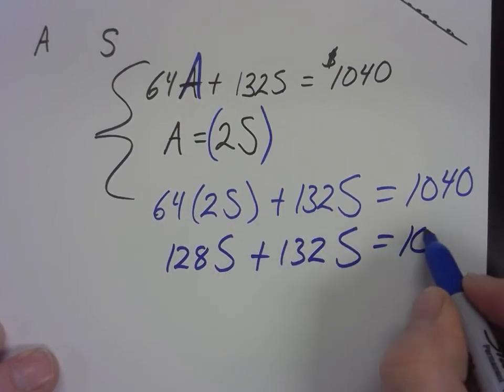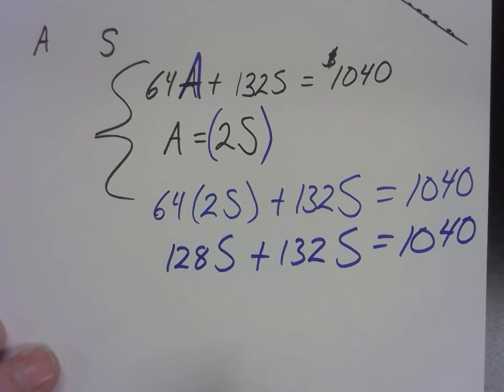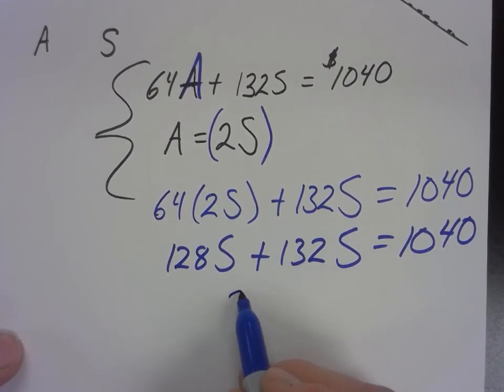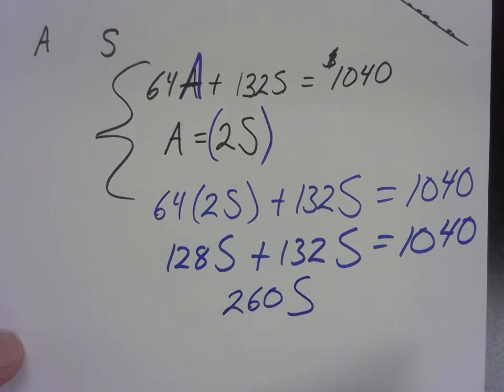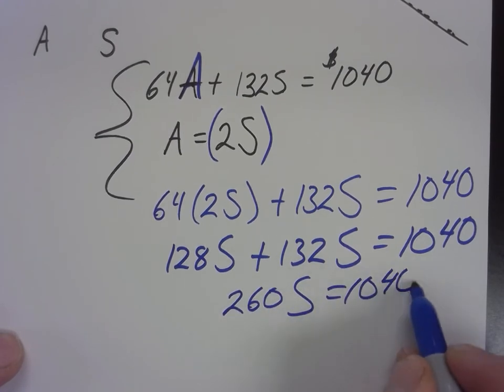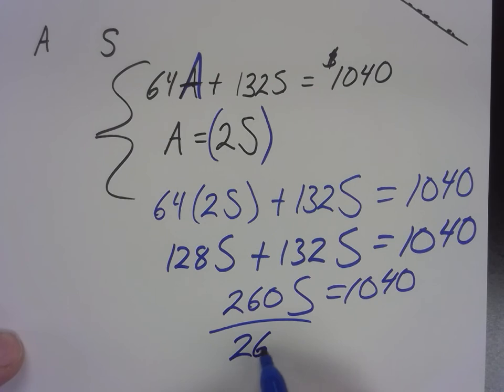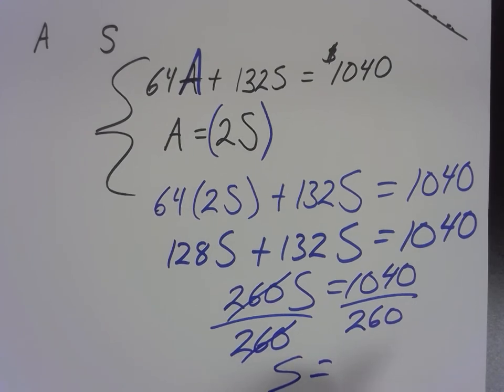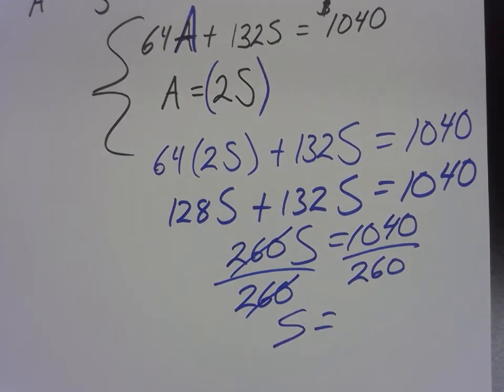You guys got a calculator going? 128 and 132 is 260. Divide both sides by 260. That's where you guys come in.